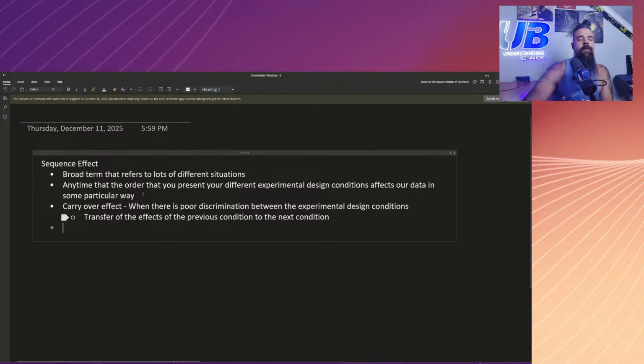I'm pretty sure that's what a carryover effect is. I might be a little rusty on this one, but let's just say that in the last condition we were in, there was previous reinforcement for a behavior. Then when we switch over to a new condition, that behavior might still be persisting, even if it's not getting reinforced in that next condition. So it's the effects of that previous condition affecting the next condition.